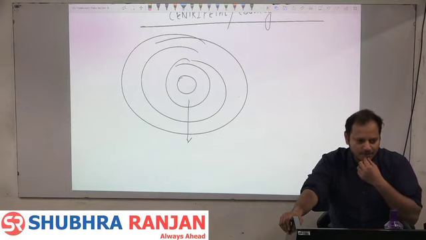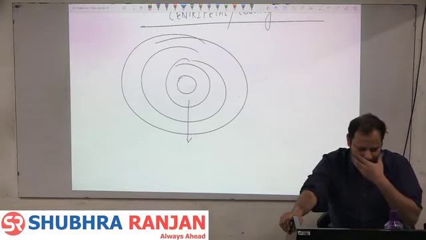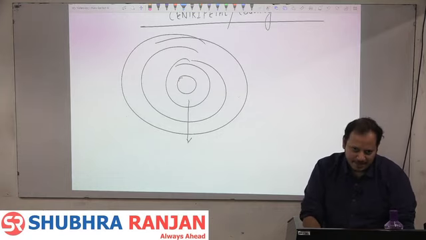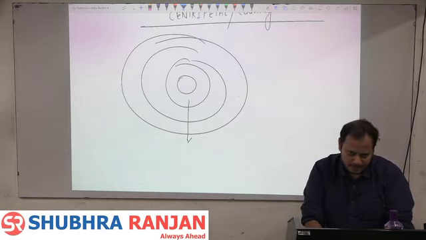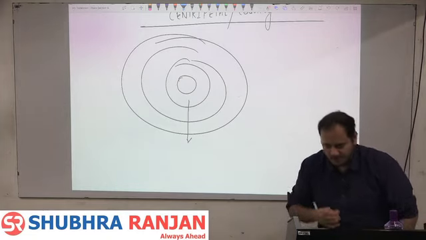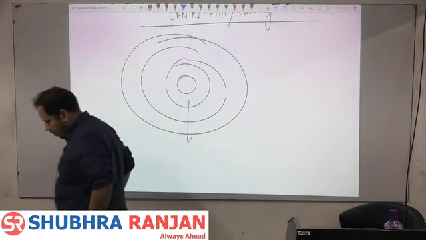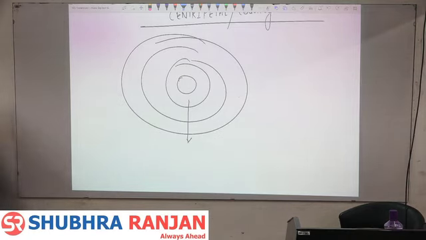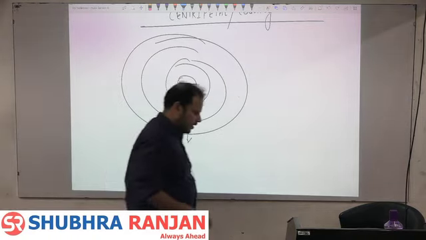The force due to pressure gradient is balanced by deflective force, matlab Coriolis force, and centrifugal force, then such wind is known as gradient wind.